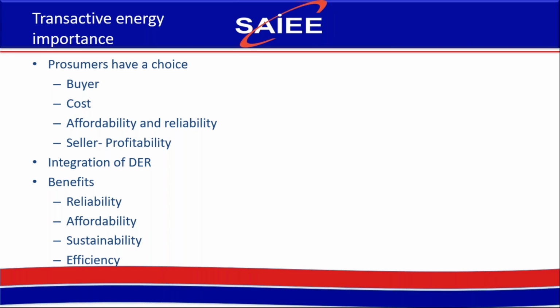So this market can help us do that, because there will be a point where we can actually sell to each other. We don't really need to go through the grid per se. The benefits of this system is that, like I said, it's reliable, affordable, sustainable, and very efficient.